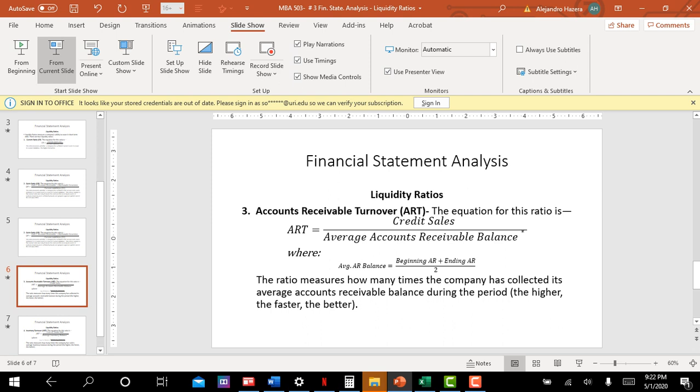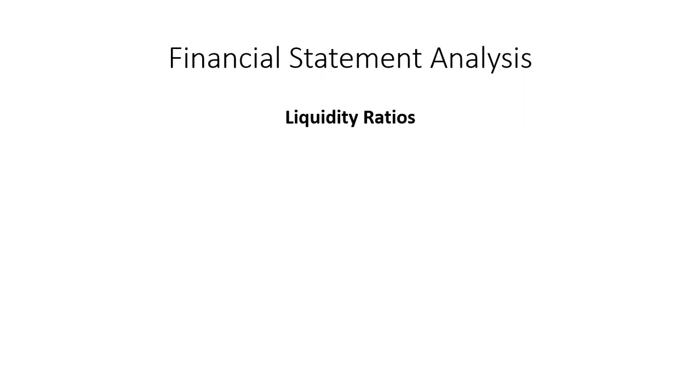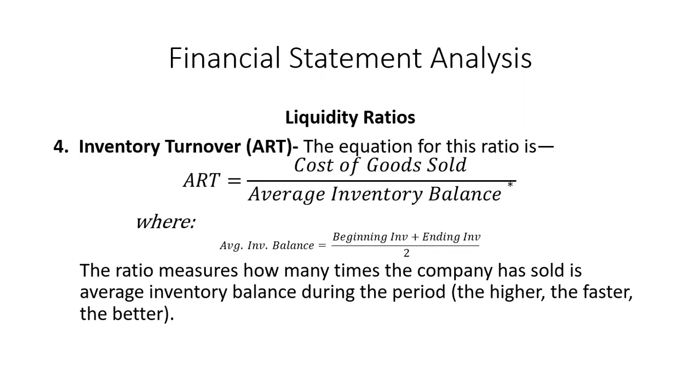Okay, go back to the slideshow from current slide. Okay, so there's your accounts receivable turnover. This is your final ratio here, the inventory turnover. Notice that it looks very similar to the accounts receivable turnover, and it is.